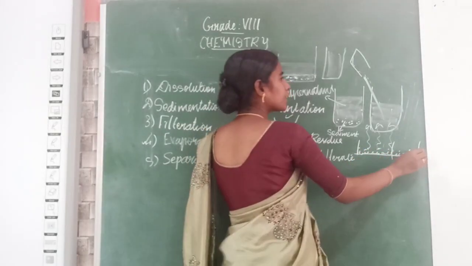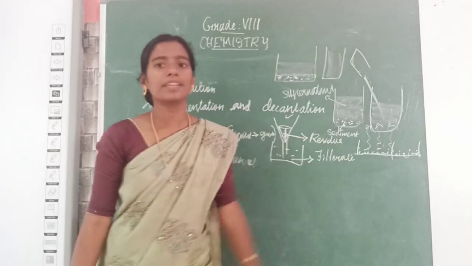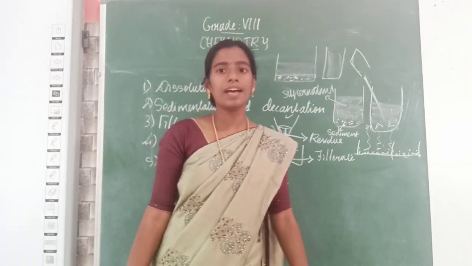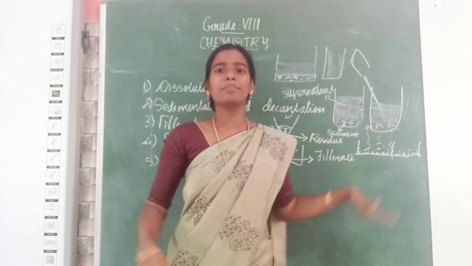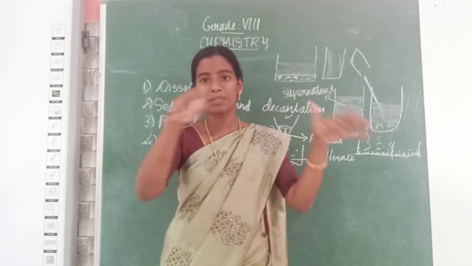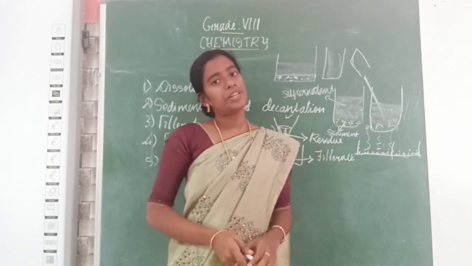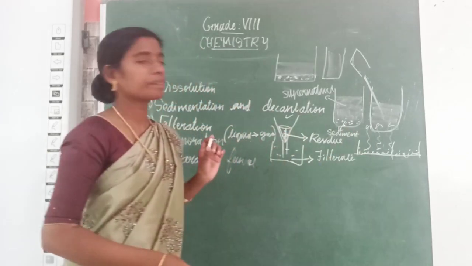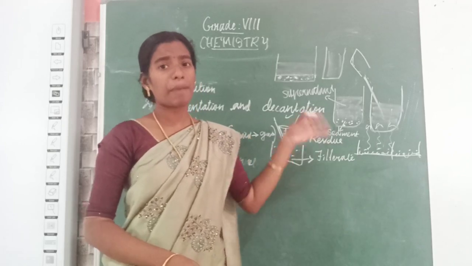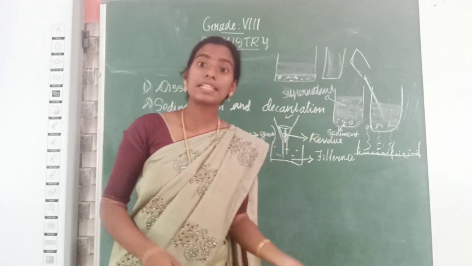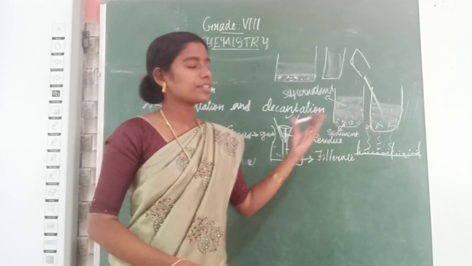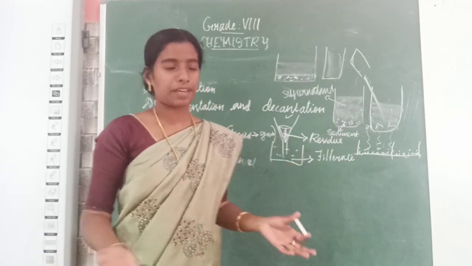When all the water content has evaporated, the remaining is salt, which settles down at the bottom of the place. They will have a separate place for separating this salt from sea water. This is nothing but evaporation. By applying heat, by increasing the temperature, you get this liquid and solid separation.